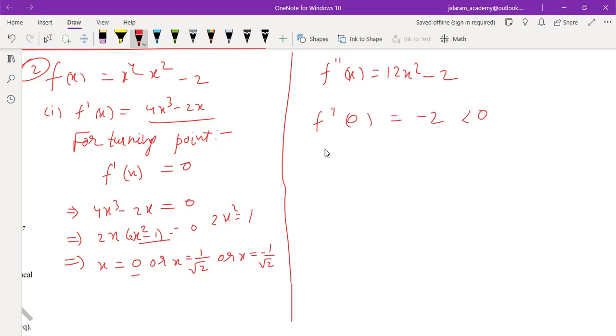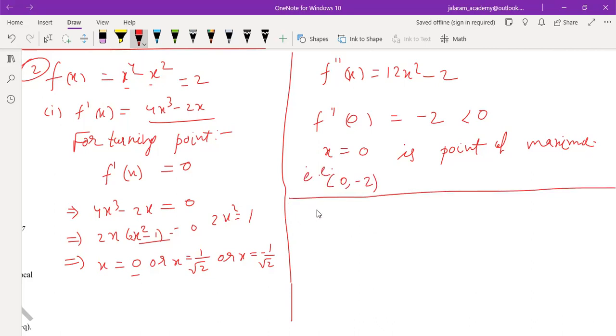So x equals 0 is the point of maximum, as it is producing d2y by dx square less than 0. When we put x equals 0, value of f(0) becomes minus 2. So 0 comma minus 2 is the point of maximum.